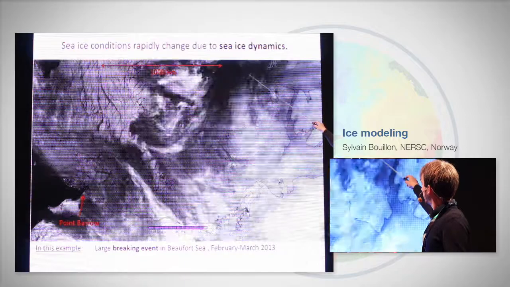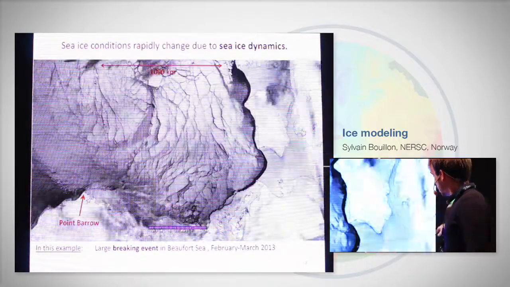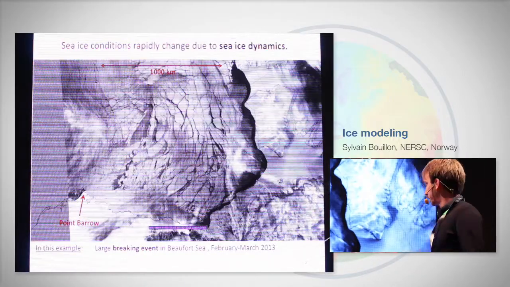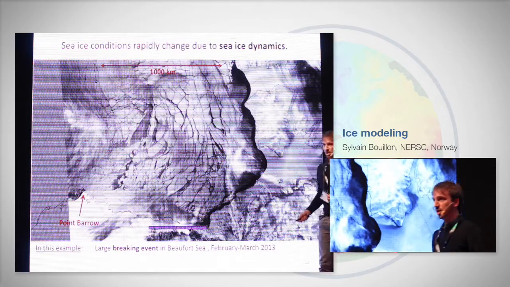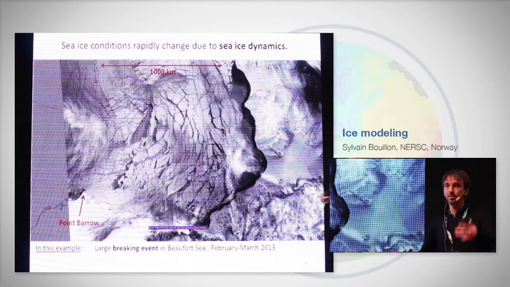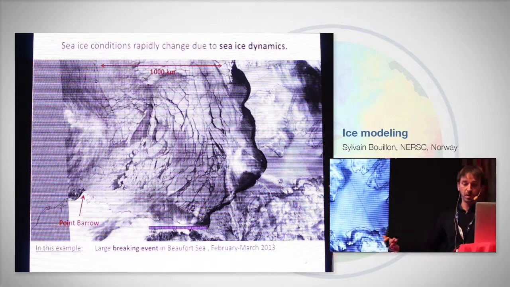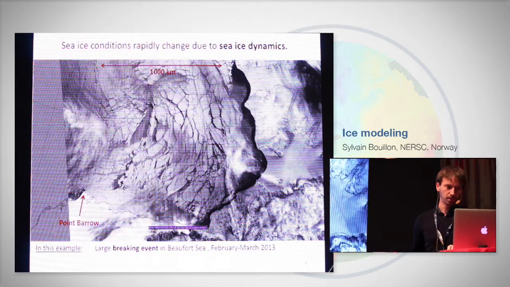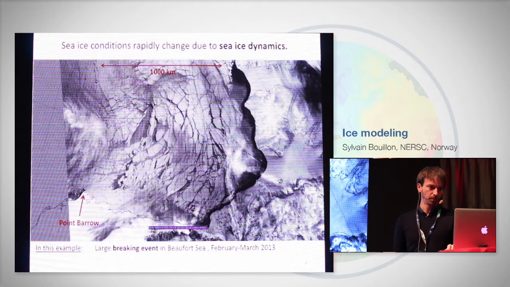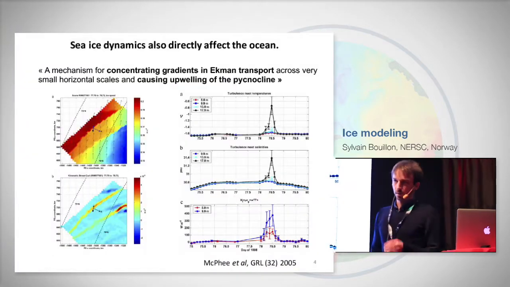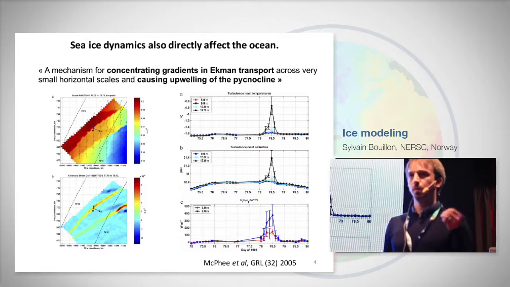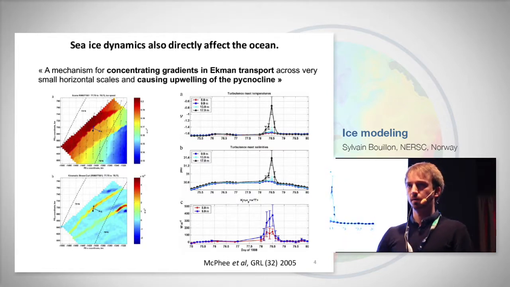There is also over here along the coast a very long coastal polynya. So you can imagine the change in terms of interaction between the ocean below and the atmosphere caused by just this specific storm.